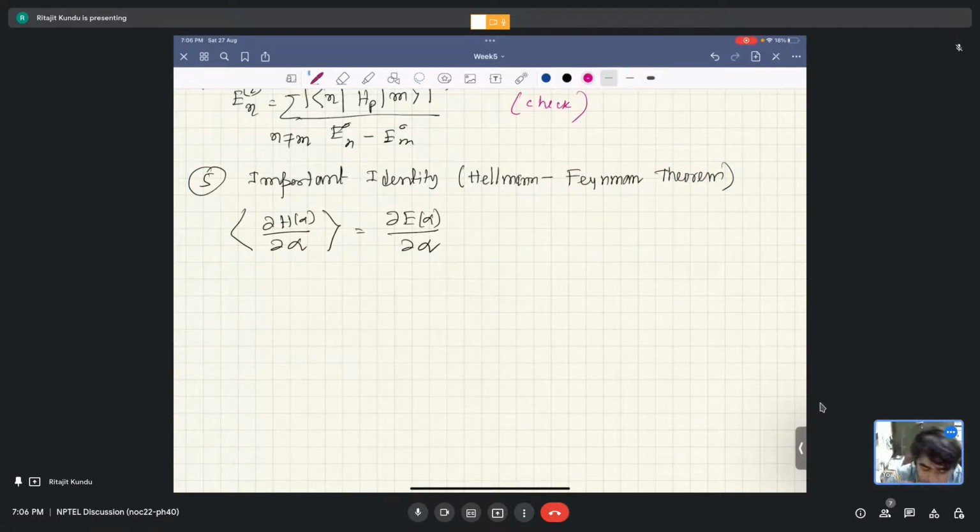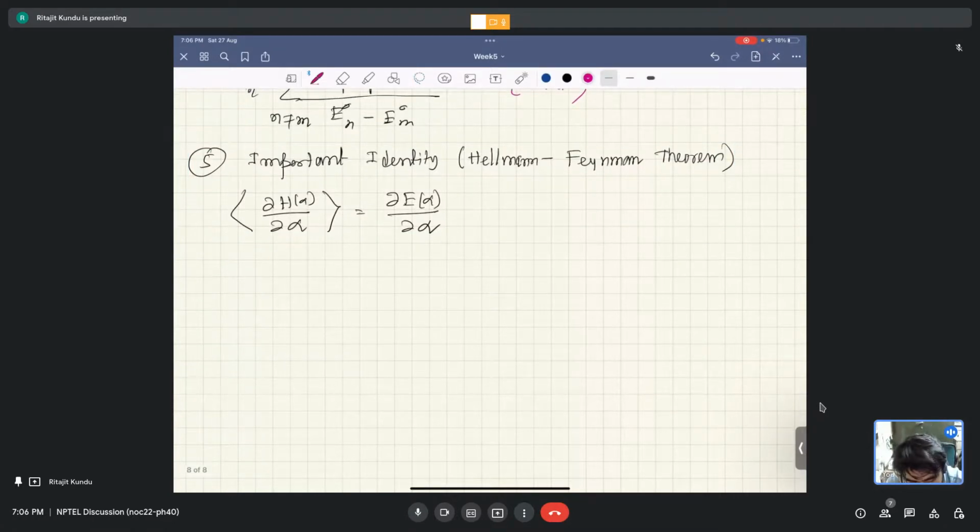So this is to say that, let's say you have an eigenvalue equation, and in that eigenvalue equation you have a parameter alpha. Okay. So H of alpha, and then U of alpha is given, so E of alpha and U of alpha.